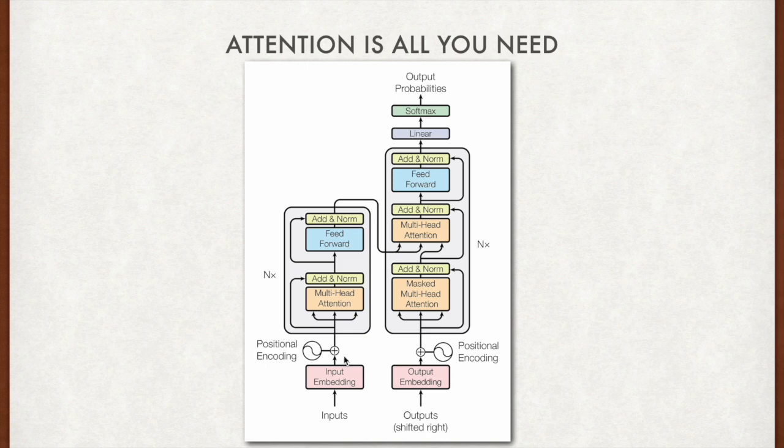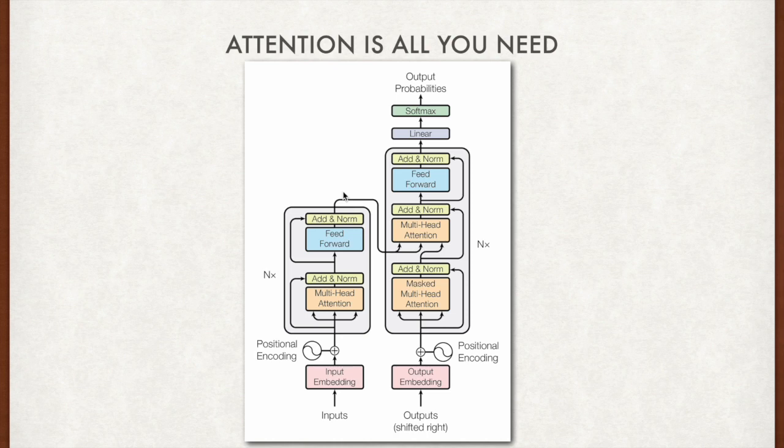The calculated representation of each token is then fed into the encoder block. Here, the encoder is much more complex than in the case of vanilla recurrent neural network.